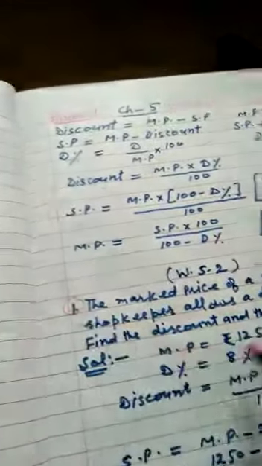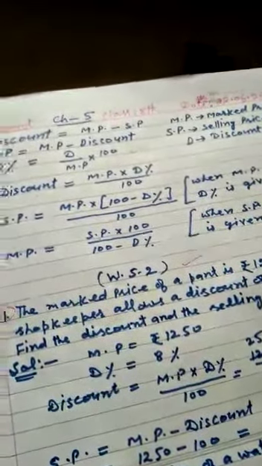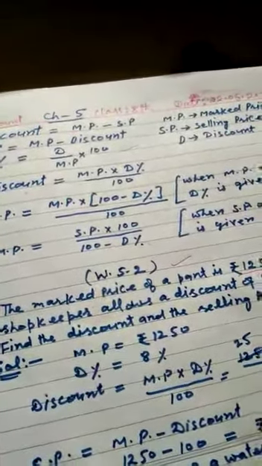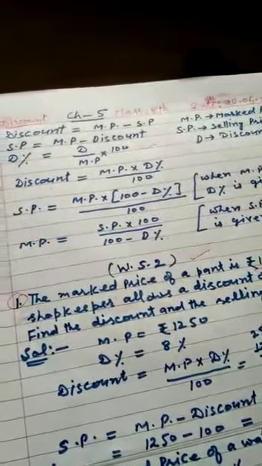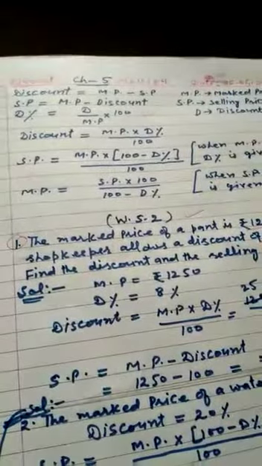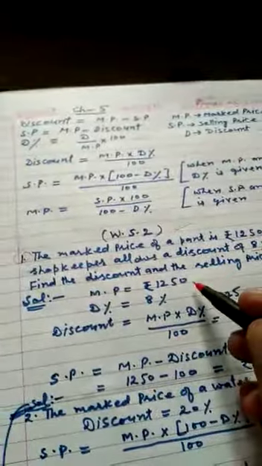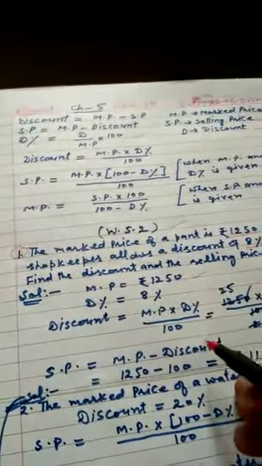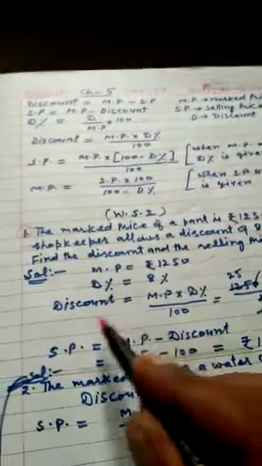Question number 1. Statement: the marked price of a pant is rupees 1250 and the shopkeeper allows a discount of 8% on it. Find the discount and the selling price of the pant. First of all, MP is equal to rupees 1250, discount is D percent.